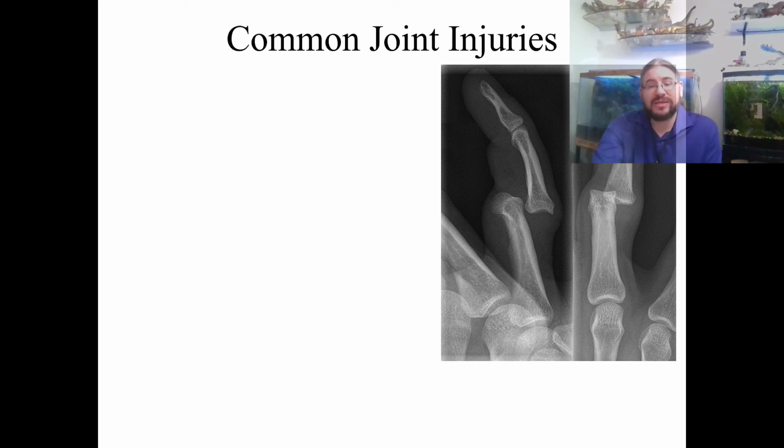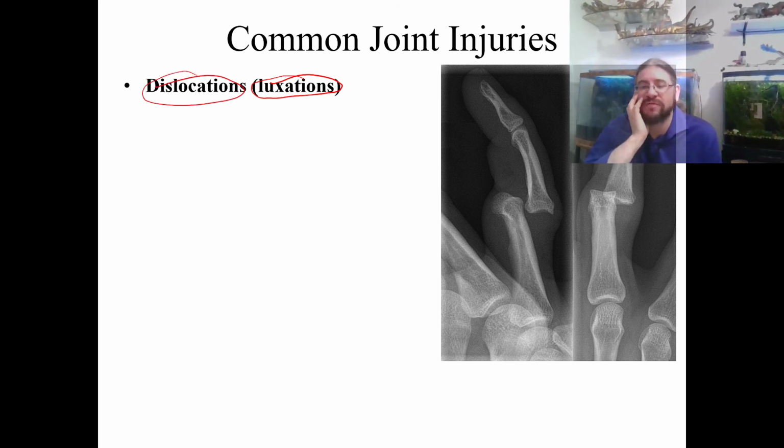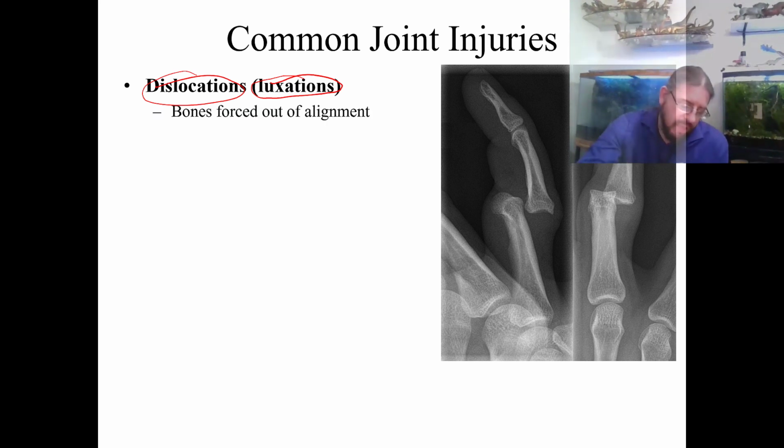Right now, let's talk about a luxation. Luxation is dislocation. So luxations are the proper medical term for dislocations. A luxation of a joint is when a bone is forced out of alignment.